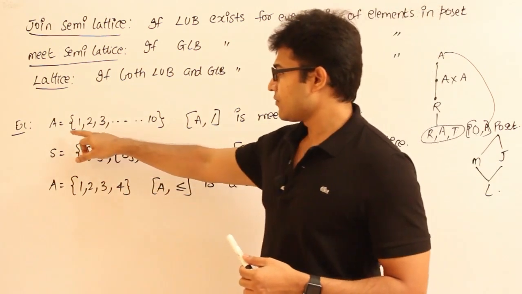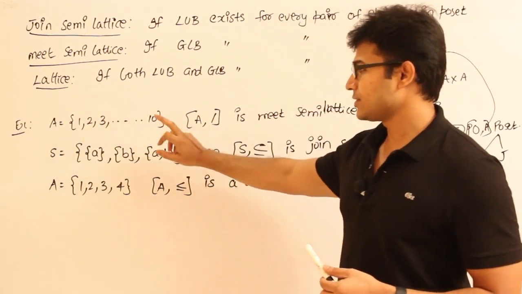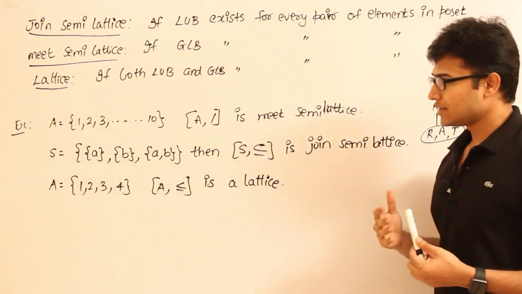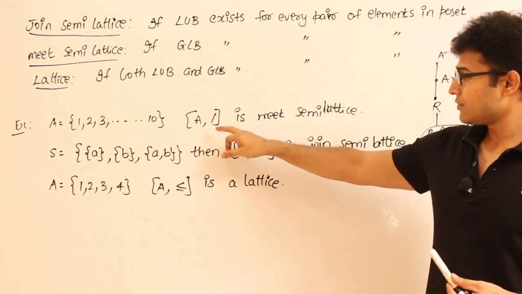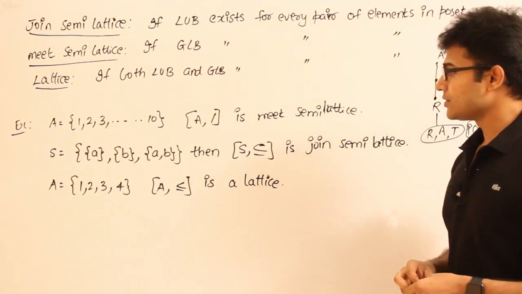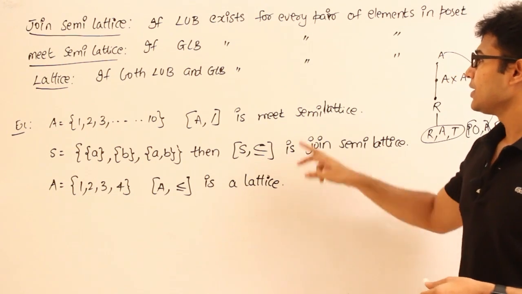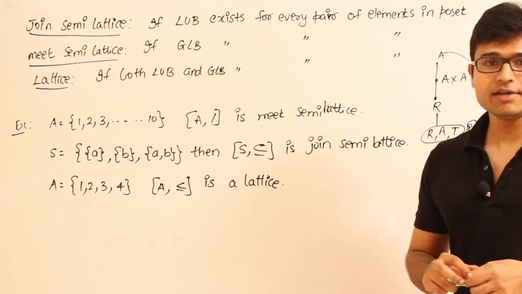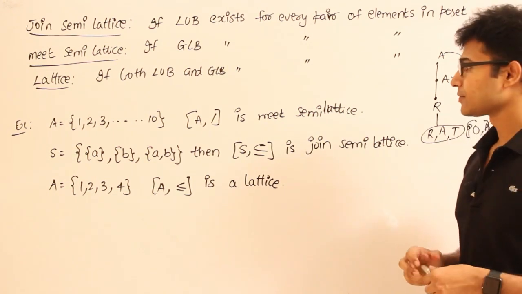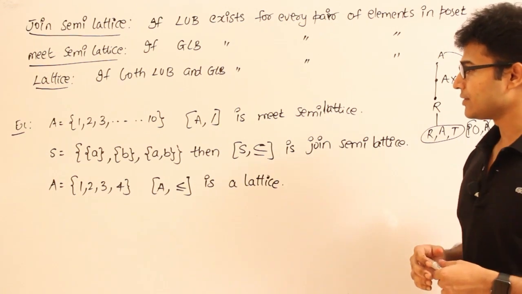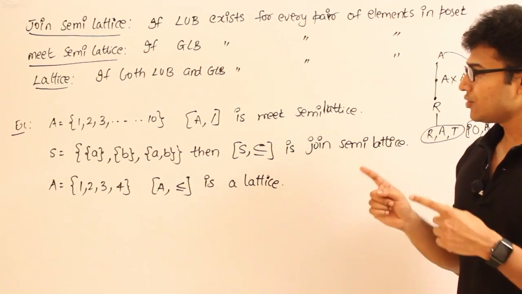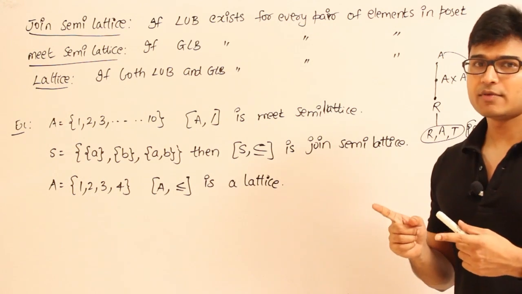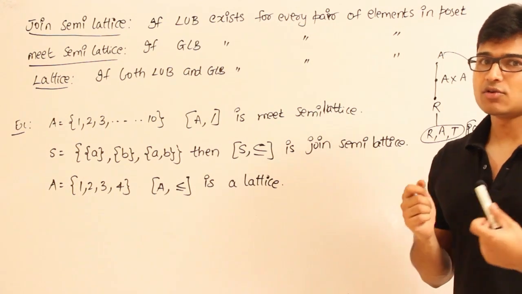Now they are saying that we have a set 1 2 3 4 5 6 7 and so on up to 10, and divides is the relation defined on that in such a way that A comma divides is a poset. Then they are saying that it is a meet semi-lattice. Why is it a meet semi-lattice? When is it going to be a meet semi-lattice? If for every pair of elements there is a greatest lower bound.